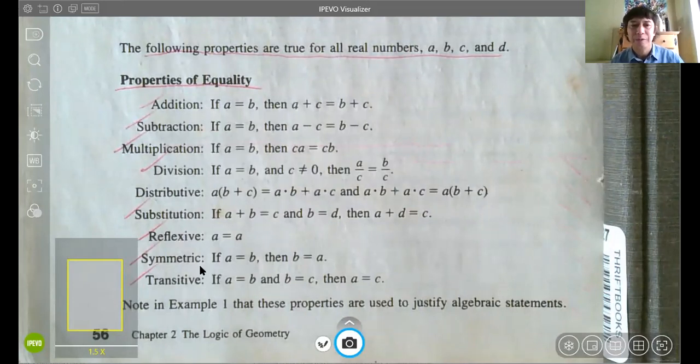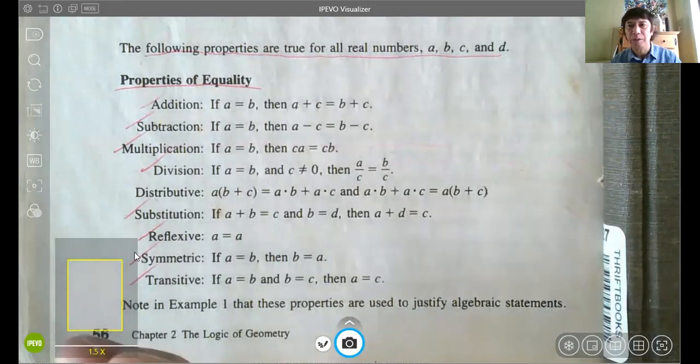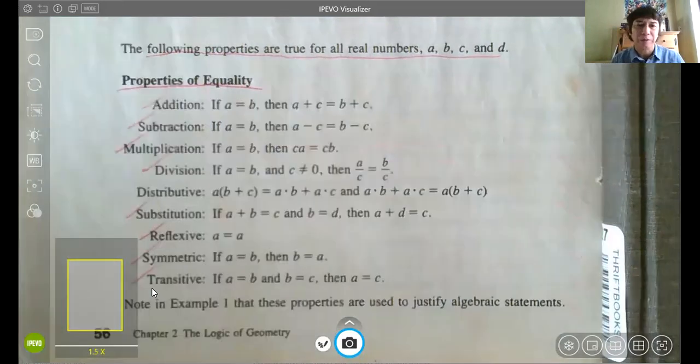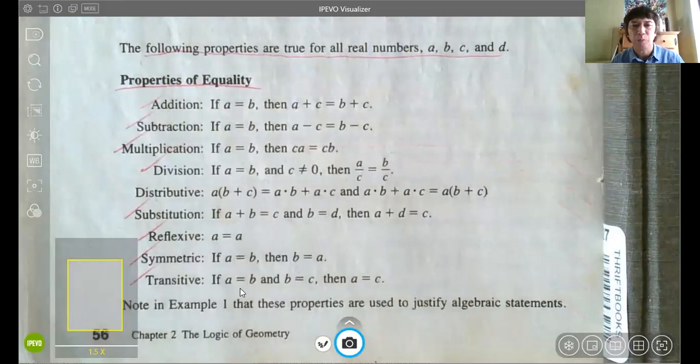Symmetric is more on commutative. A equals B, then B equals A. Transitive property is like a connection. If A equals B and B equals C, then A equals C. That's the transitive property of equality.